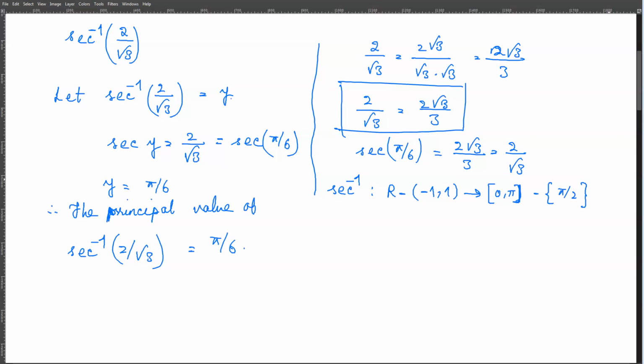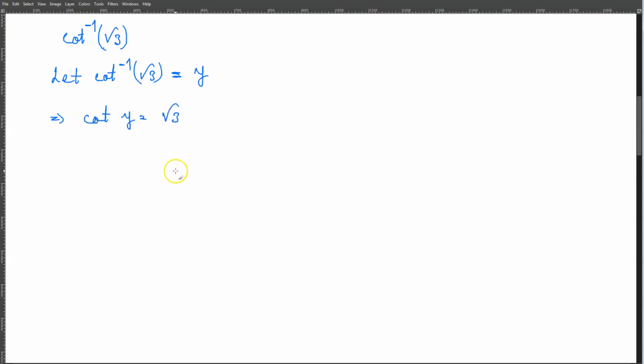Now question number 8, we have cot inverse of square root of 3. Now if I let cot inverse of square root of 3 be equal to y, for example, then what happens is that it implies that cot of y is equal to square root of 3.